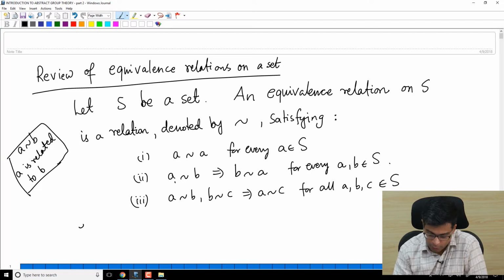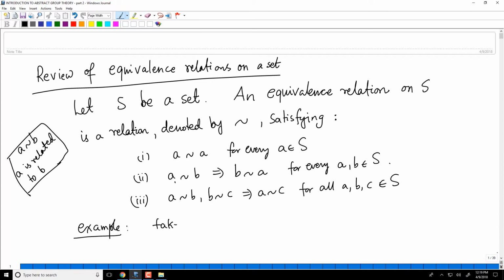Okay, the most important example, a trivial example really, is equality. Take, for example, Z. You say that A is related to B if A is equal to B. So equality is a basic example of an equivalence relation.